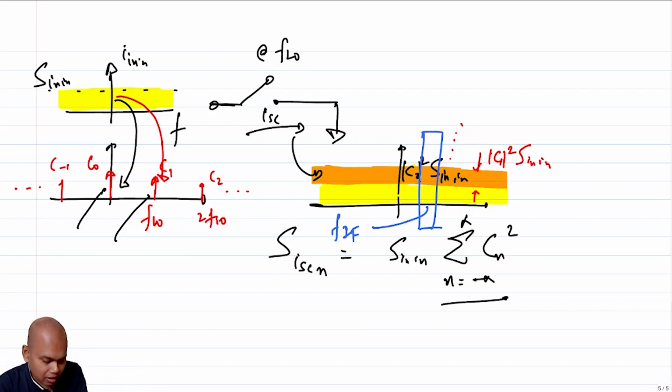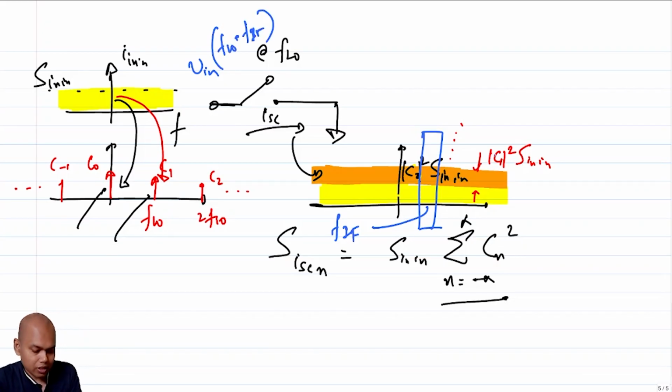But this is as far as the noise power spectral density is concerned. What about the signal power spectral density? If you have a V in here, right? And if V in is at FLO plus FIF, right? So this guy is going to also create a component around FIF, right?